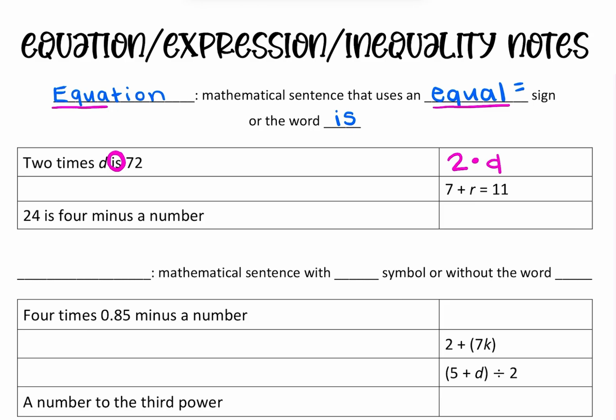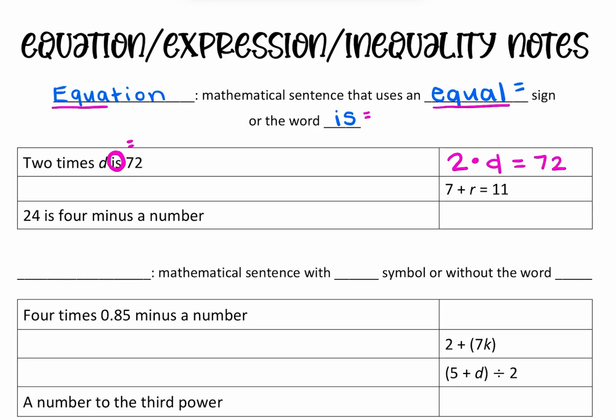Is is the equal sign, and that equals 72. So 2 times D is 72. One last time, we got 2 times D is, which is our equal, and that equals 72.